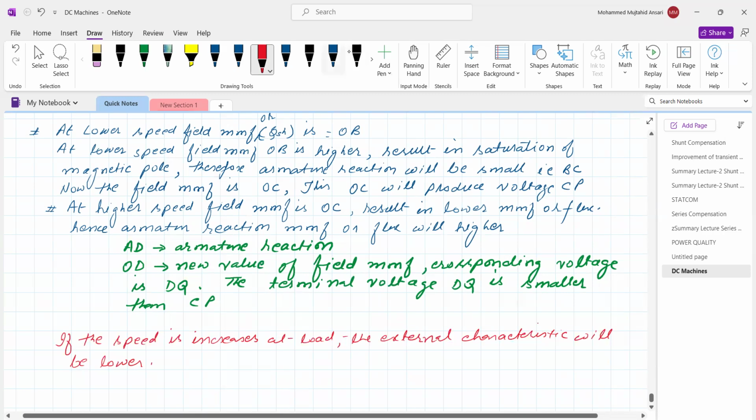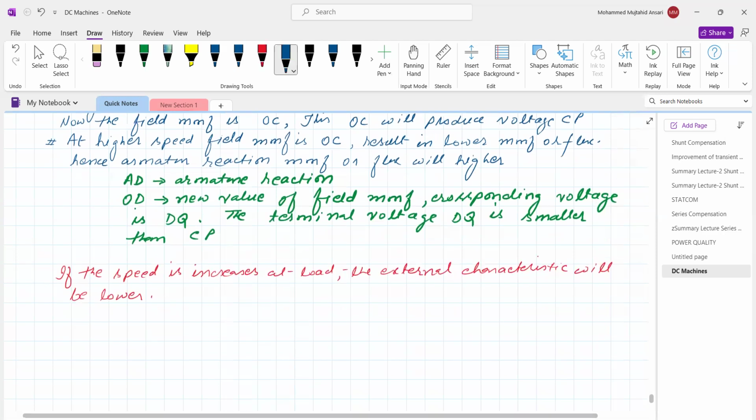Now, suppose we consider the DC compound generator, for example the cumulative compound generator.